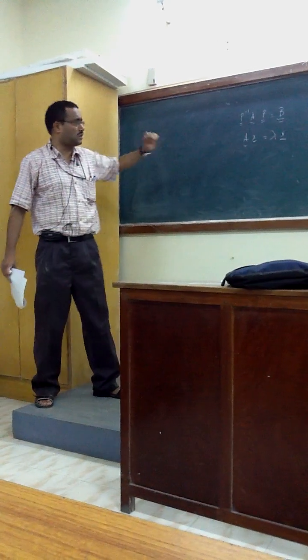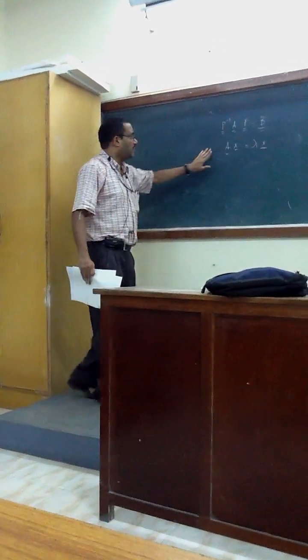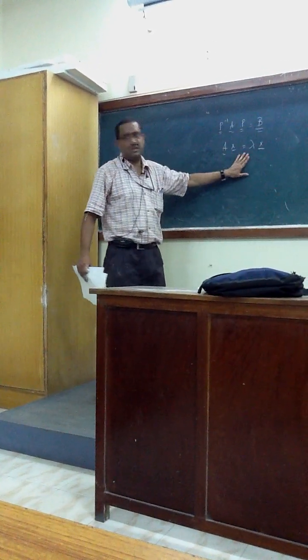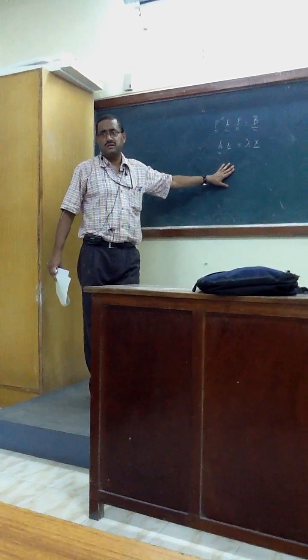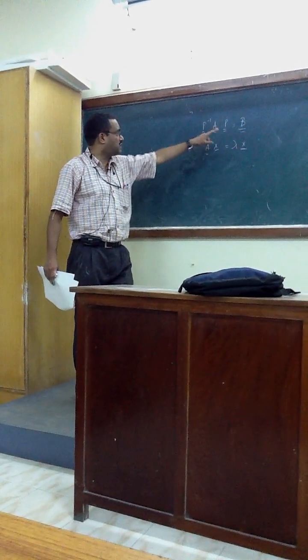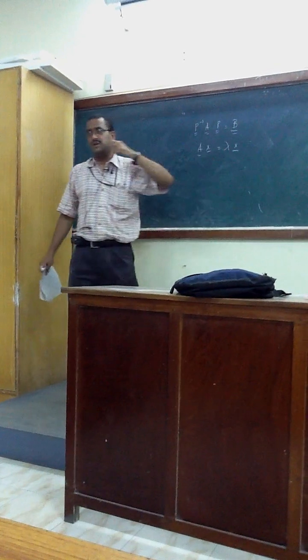So many things are coming. We have learned so many things. The A matrix has eigenvalue lambda and x are the eigenvectors. How do we prove that the B matrix will have the same eigenvalue but different eigenvectors?